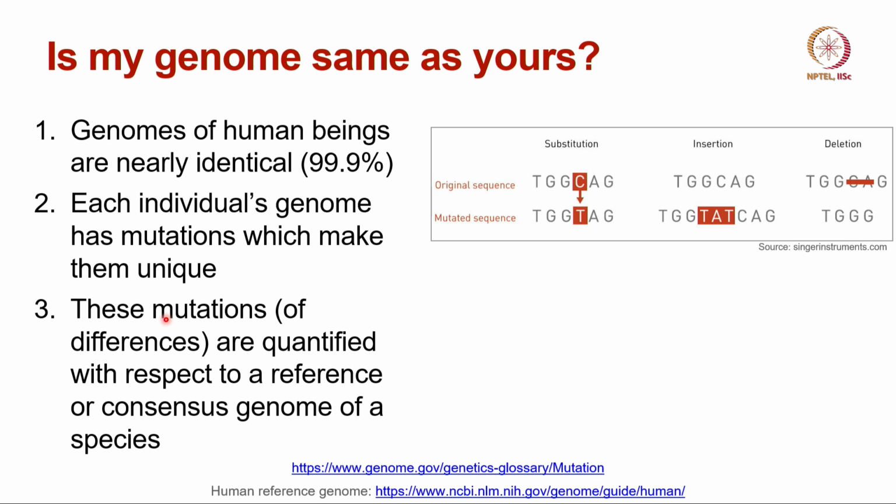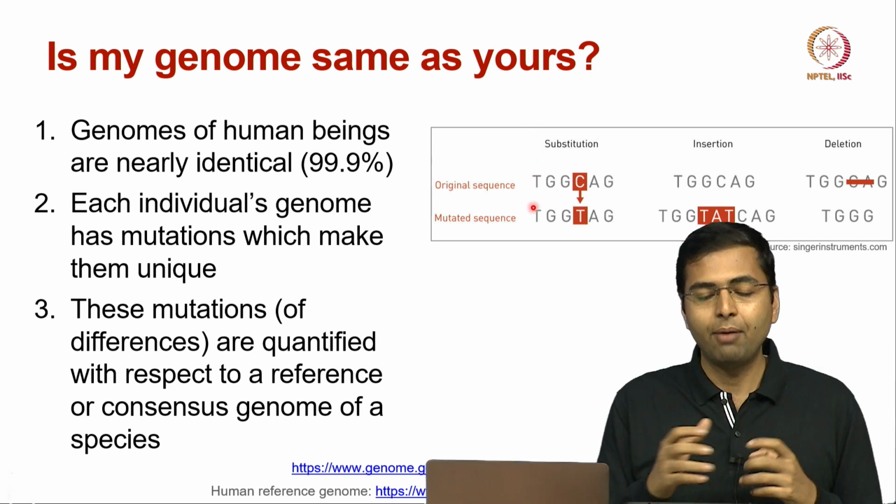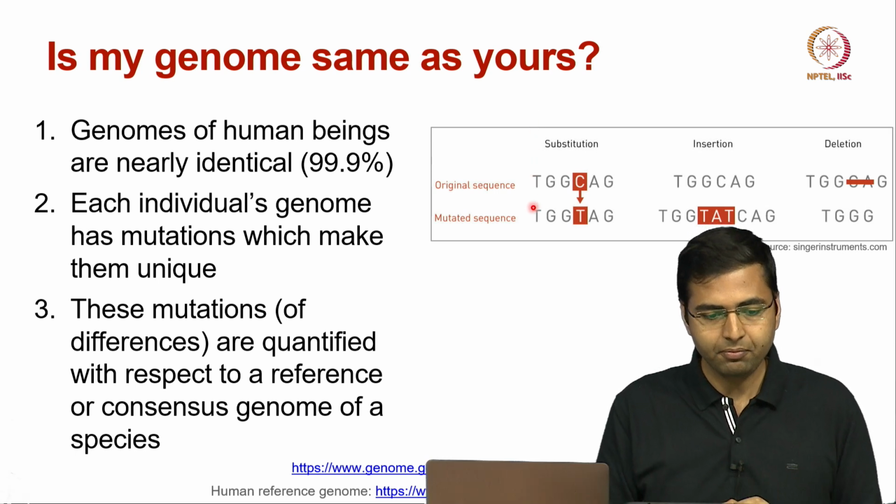And the way I would quantify the mutations in my genome would be by matching my genome against that reference and quantifying where the substitutions or where the insertions or where the deletions are happening. So the top could be the reference sequence and the bottom could be my genome sequence. And therefore, the mutations can happen in various forms of substitutions, insertions and deletions. The substitution mutations are the most prominent among all types of mutations.